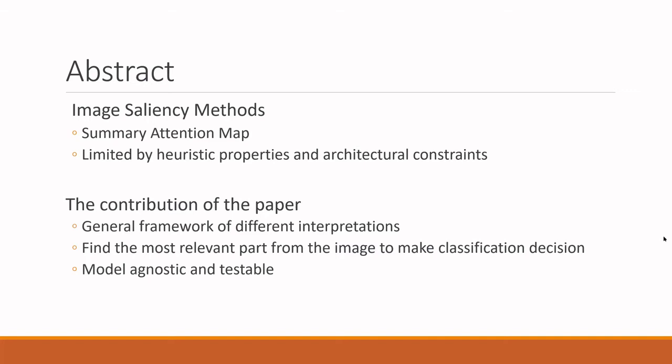This paper presents a general framework for learning different interpretations of any black box algorithm, and they also propose a framework to find the most relevant part in the image for the classifier decision. Different from previous work, their method is model agnostic and testable because it is based on explicit and interpretable image perturbation.